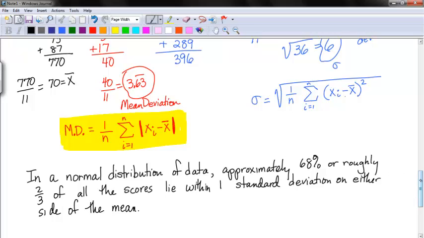Okay. Roughly 2/3 or 68% of the data lie within one standard deviation of the mean.